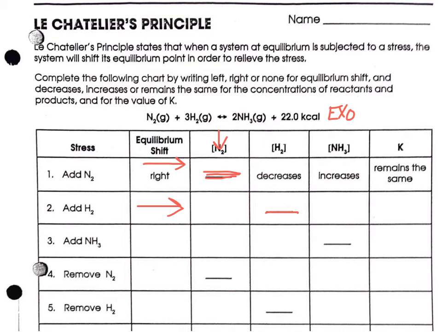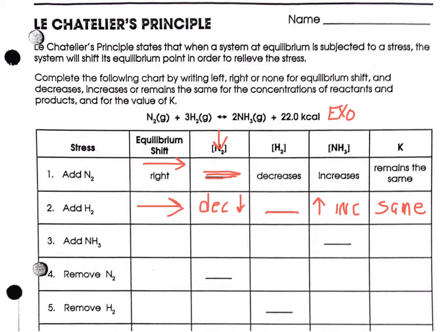And in terms of N2, what's going to happen is that this is going to decrease because it's also being used up as it makes product. And NH3 will increase because more product is being made. The equilibrium constant stays the same. So keep in mind, the only thing that changes the equilibrium constant is the temperature.